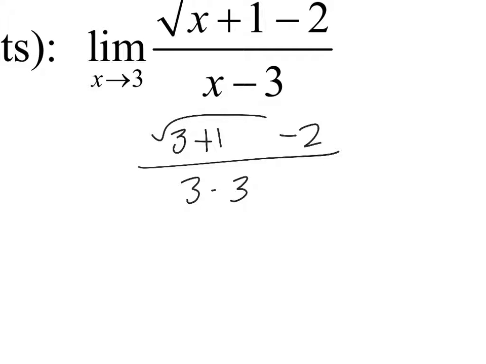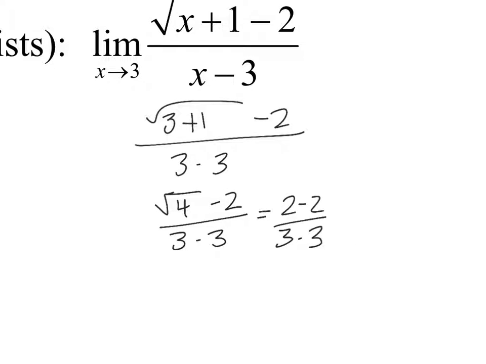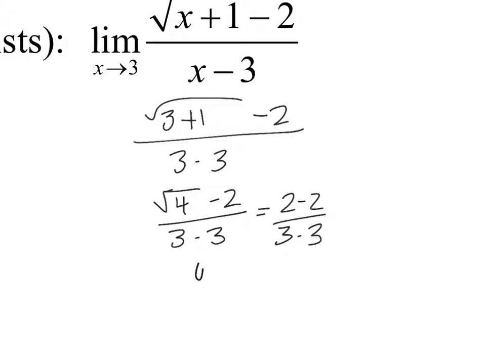The sequence of trying limits is you do direct substitution first, then you do something else. Direct substitution leads to the square root of 4 minus 2 over 3 minus 3, which is 2 minus 2 over 3 minus 3. And what do you get there? 0 over 0. And it goes boom!